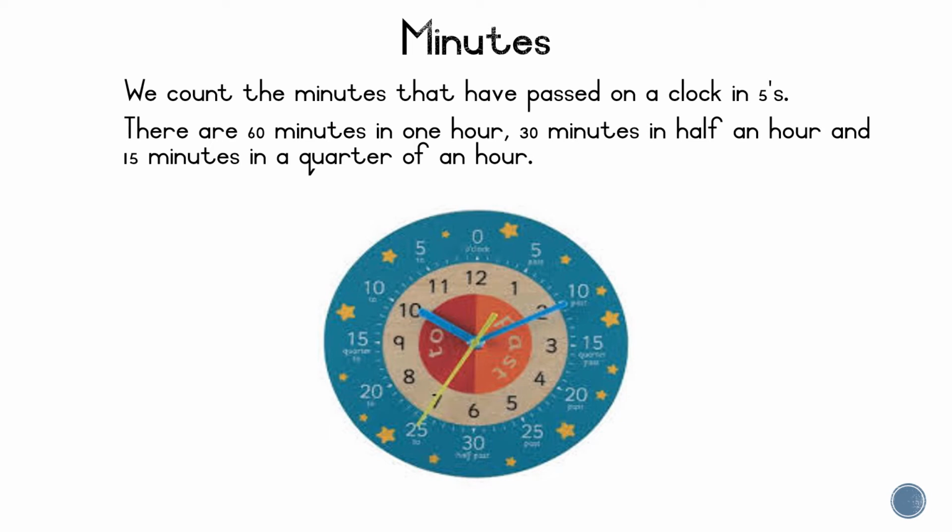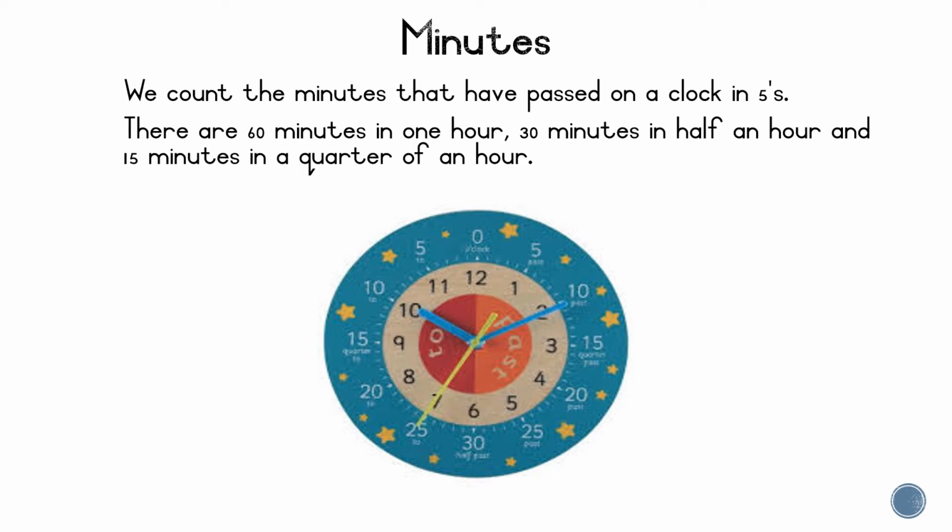When the long minute hand, for example, is pointing to the 7, we will say it is 25 minutes to the hour. On this clock, when the long minute hand is pointing to the 7 and the short hour hand is pointing to the 10, we can say that it's 25 minutes to 11 o'clock.